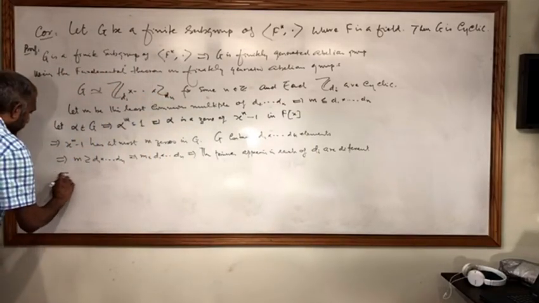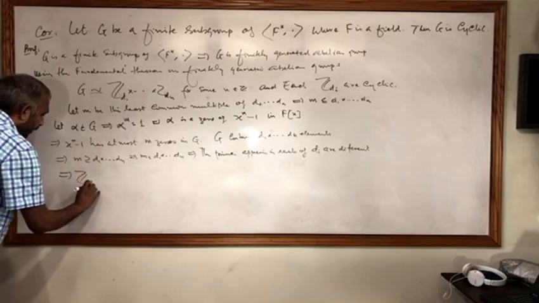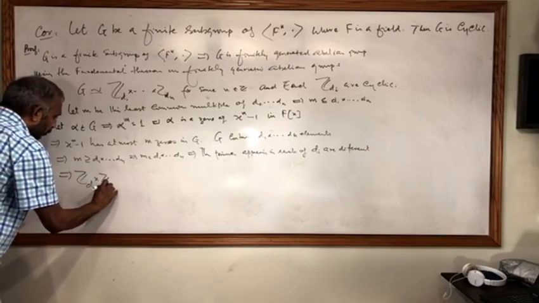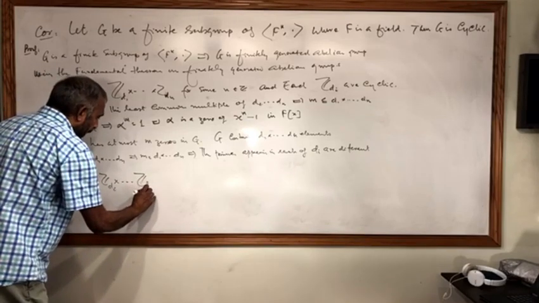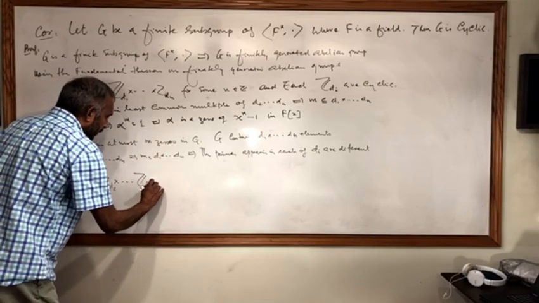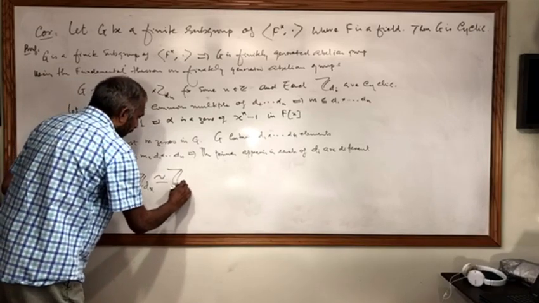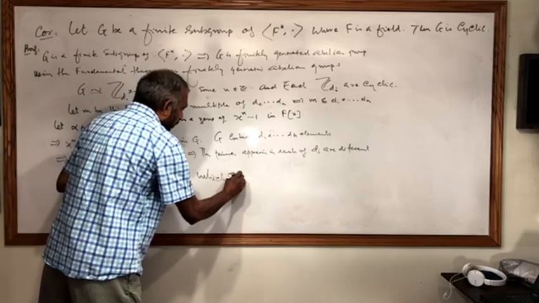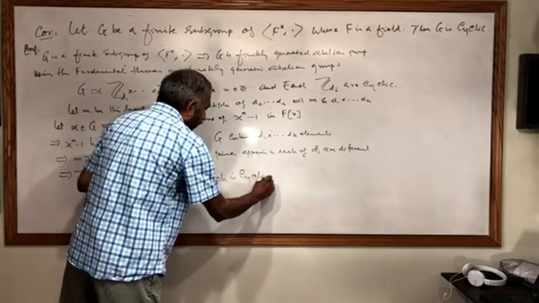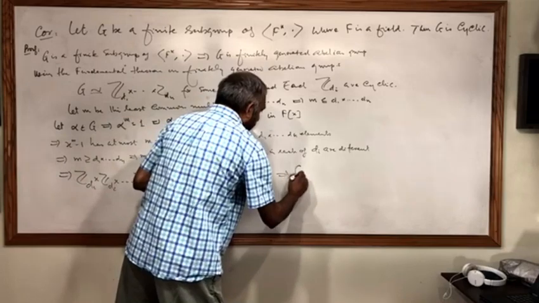And that implies Z_d1 × Z_d2 × ... × Z_dn is isomorphic to Z_m, which is cyclic, and that implies G is cyclic.